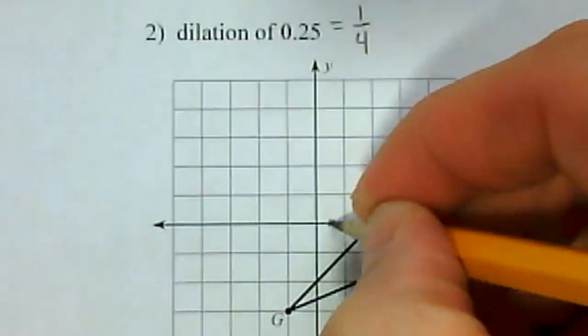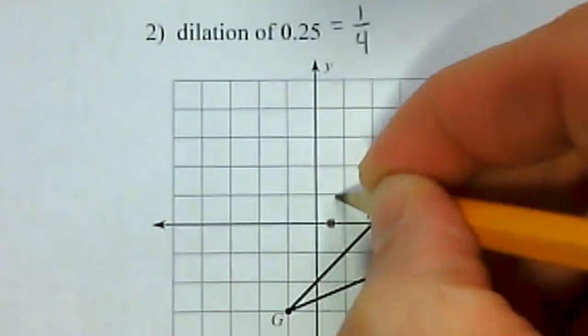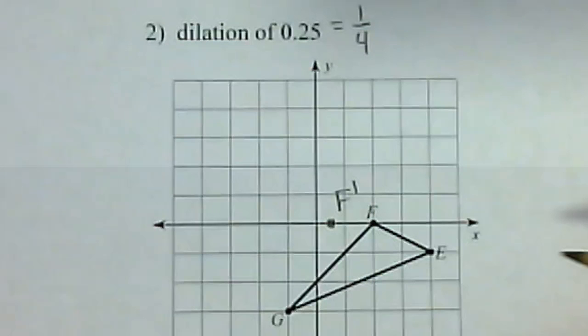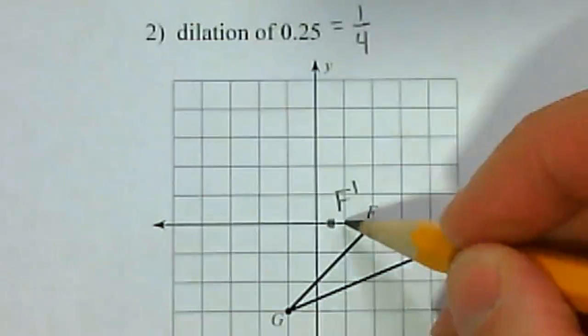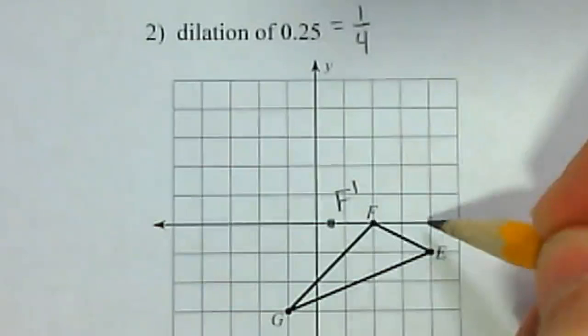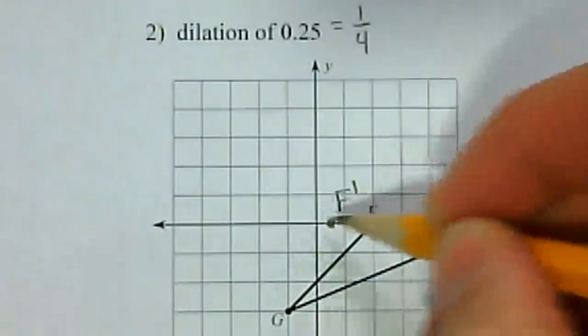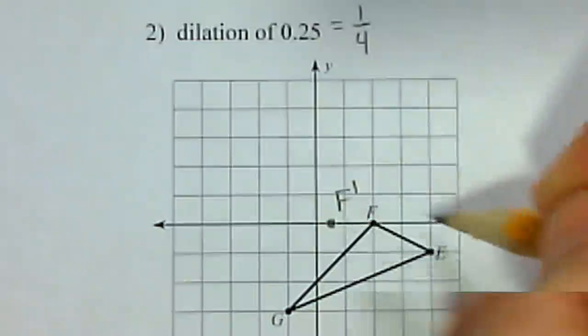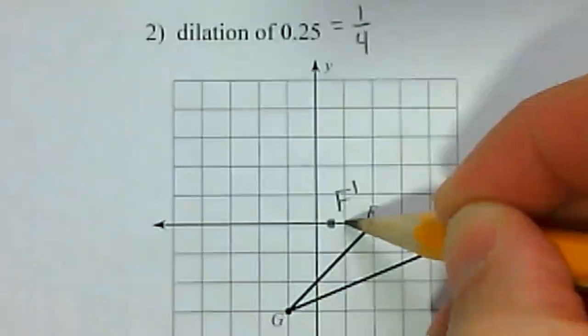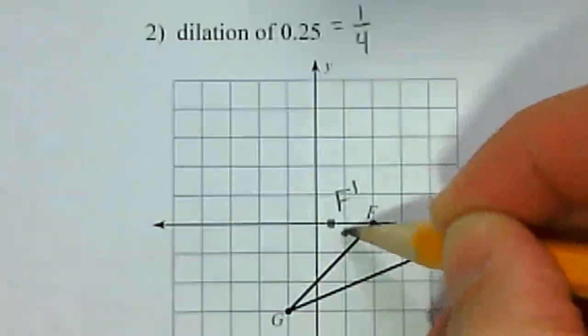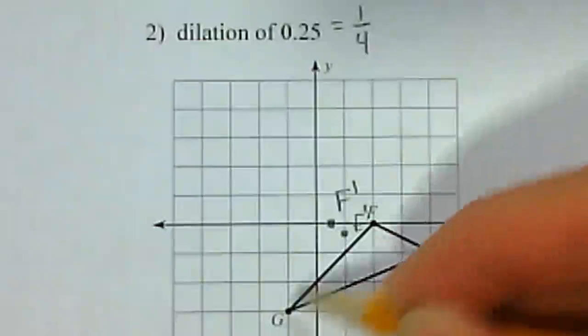So if we look here, F is 2 units away. If I do 1/4 of that, it's 0.5 units away. Okay, E is over 1, 2, 3, 4, and down 1. So 1/4 of 4 would just be 1, and then 1/4 of 1 would be 1/4.